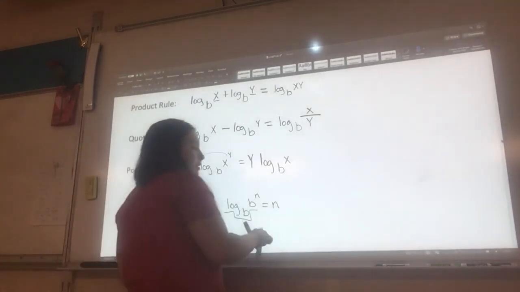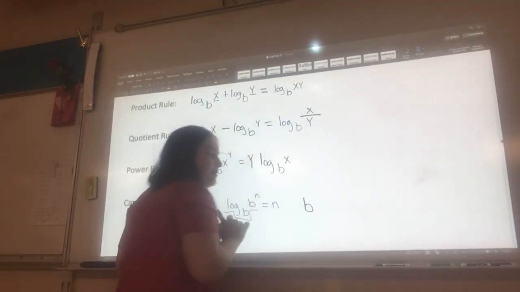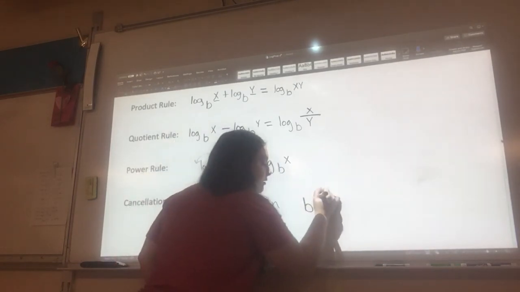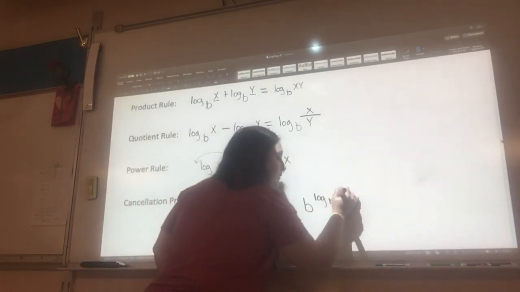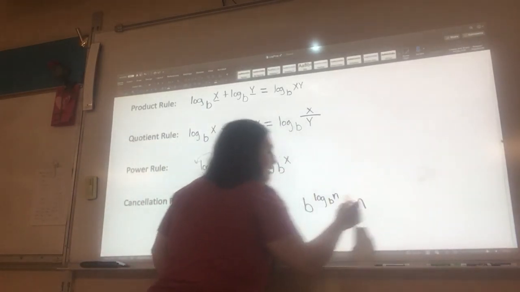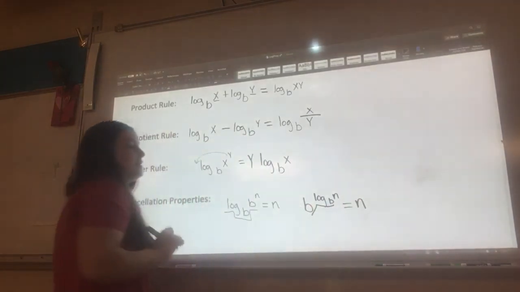The other one states a base with an exponent of log of the same base of n will still equal n, because this cancels itself out.